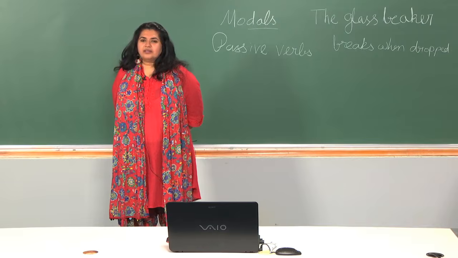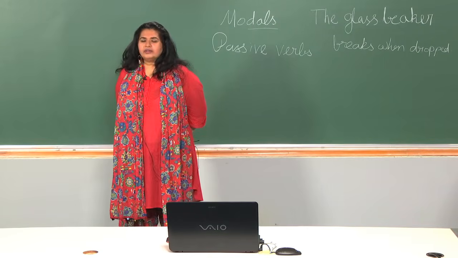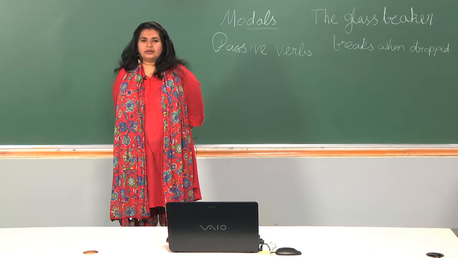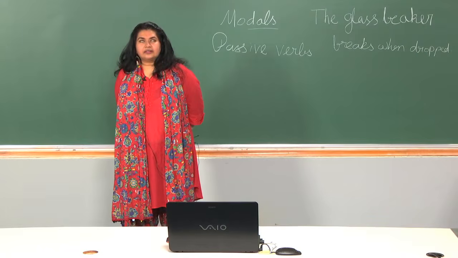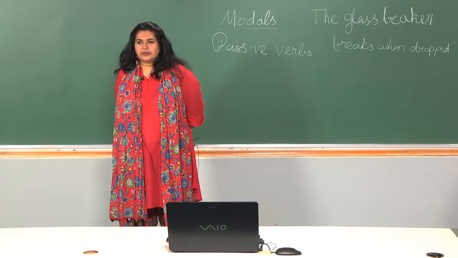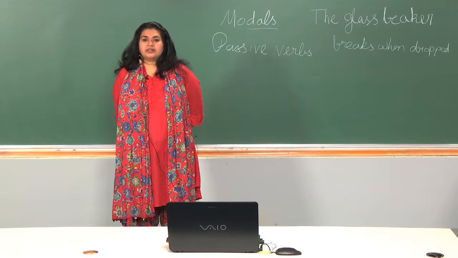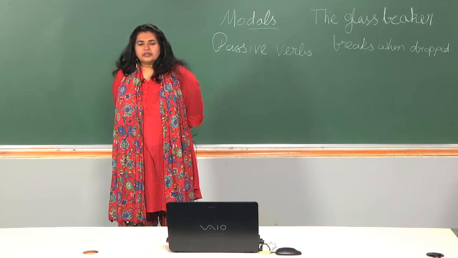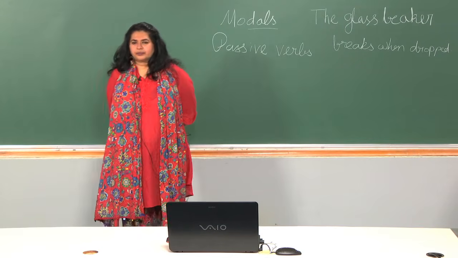When I say the glass beaker breaks, that is almost 99 to 100% it will break. If you are lucky, it will not break, but it is a universal truth. It is glass, when it is dropped it will break. However, when I say can break, that reduces the possibility of the breaking of the beaker.